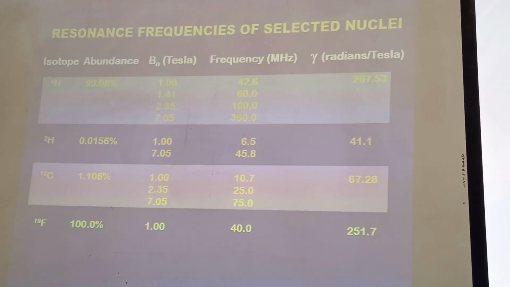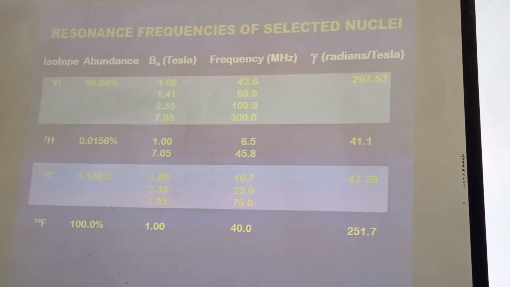To know that this molecule has 4 hydrogens, all of these 4 hydrogens have to be proton. So there are 99.9% chances that a hydrogen inside this molecule is protium or proton, or the nucleus of that hydrogen is a proton. It does not have any neutron.